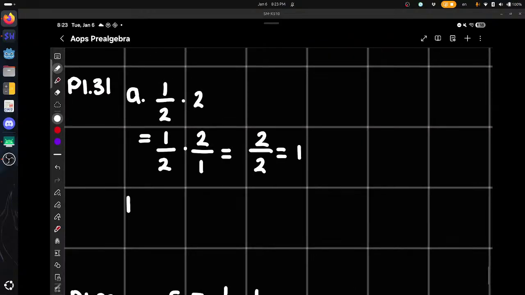Now, can we use that for problem B? Explain why the reciprocal of 1/2... I don't think it helps.